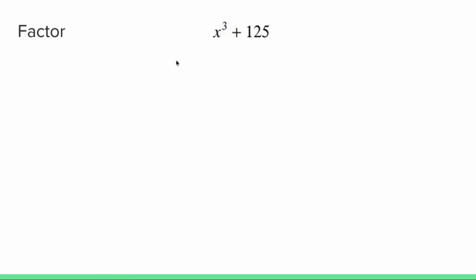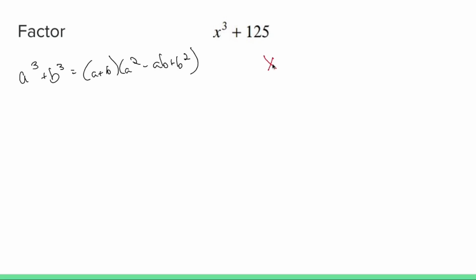Oh, this is called a sum of cubes. The formula for sum of cubes is a cubed plus b cubed factors out to a plus b times the quantity a squared minus ab plus b squared. Now, you might look at this and say, well, this doesn't look like this. Not yet.